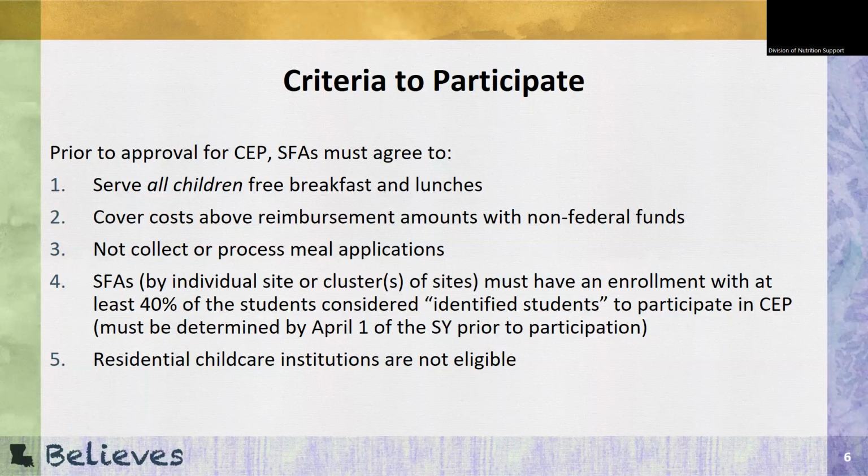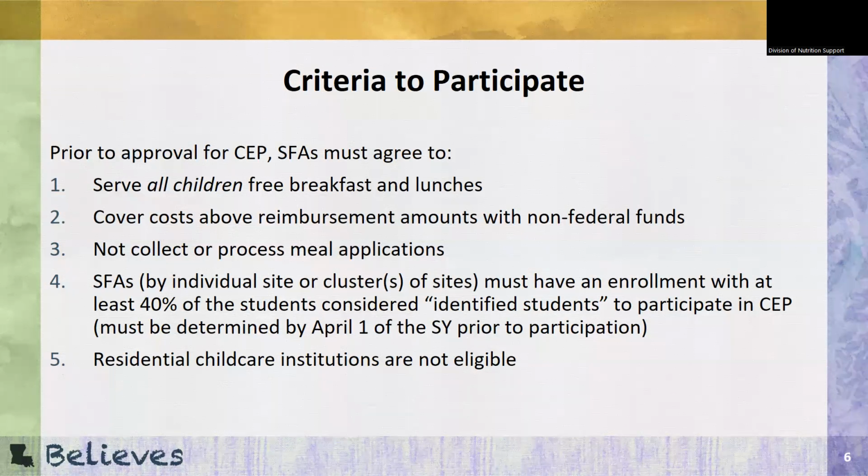Prior to being approved to participate in CEP, the SFAs must agree to the following: to serve all children free breakfasts and lunches, cover the costs above reimbursement amounts with non-federal funds, not collect or process meal applications, and SFAs by individual site or clusters of sites must have an enrollment with at least 40% of the students considered identified students to participate in CEP.